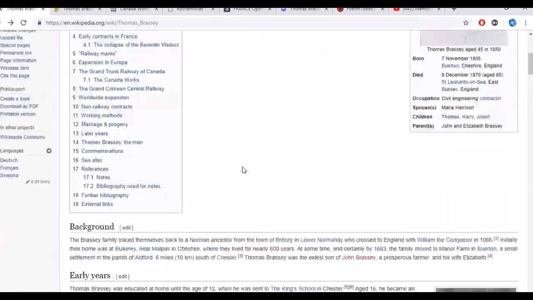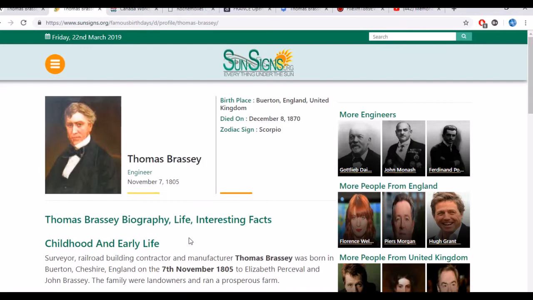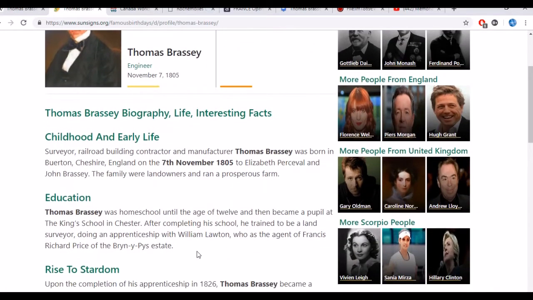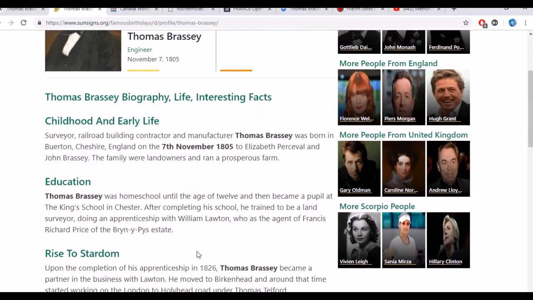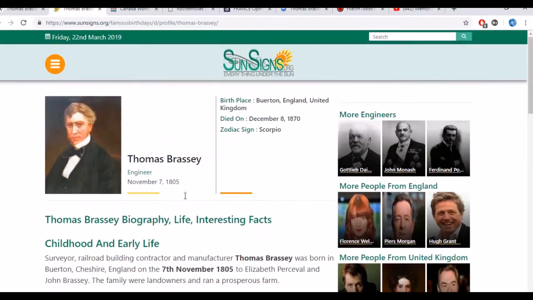Okay. So he had fairly humble origins, you know. He was born in a small village. His family were traced to Normandy in France, I think it was Normandy. It might have been somewhere else, but it's definitely traced to France.